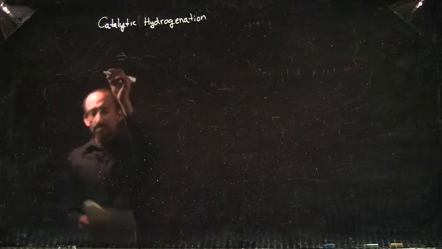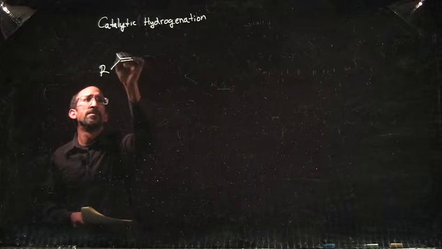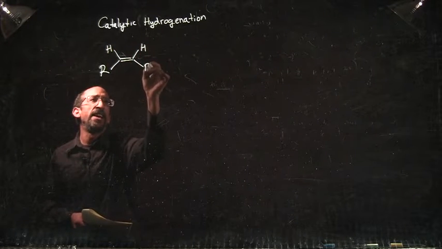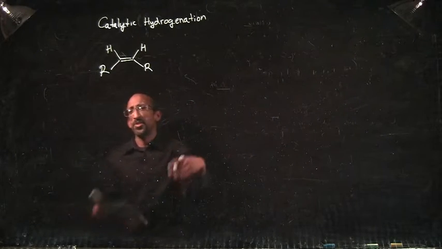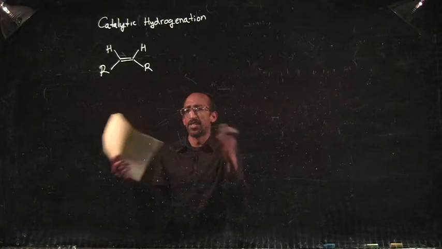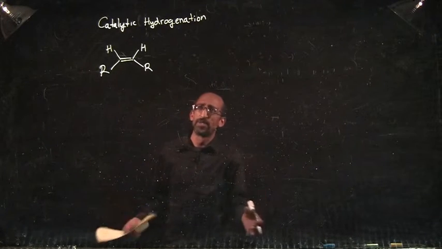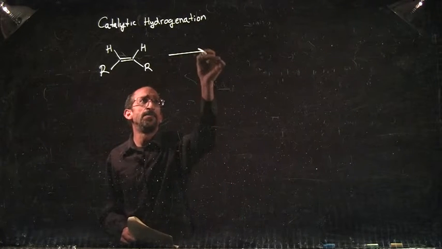And so what we mean by this is that we can take an alkene, and this can be a cis or trans alkene. It can be monosubstituted, disubstituted, trisubstituted, tetrasubstituted. Really doesn't make a difference what the stereochemistry or the degree of substitution on your alkene is. They all work fairly well.